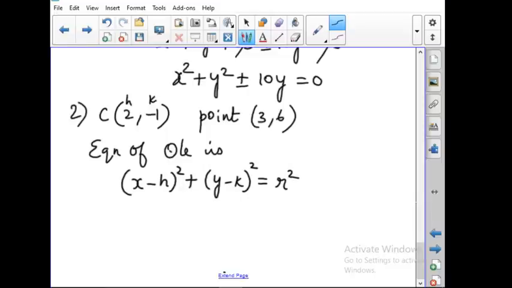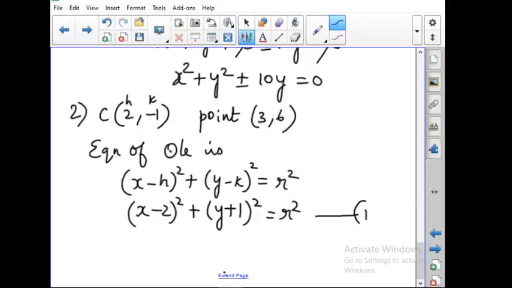Okay. Now let us substitute the center. x minus 2 the whole square plus y minus k, here minus 1, so it will become plus 1, the whole square is equal to r square. Now take this as equation number 1. Now this circle passes through the point 3 comma 6.